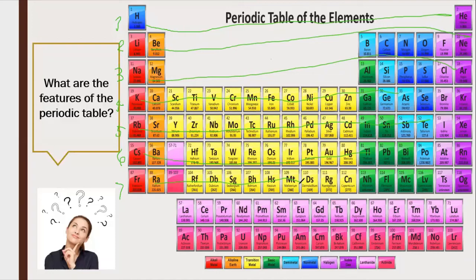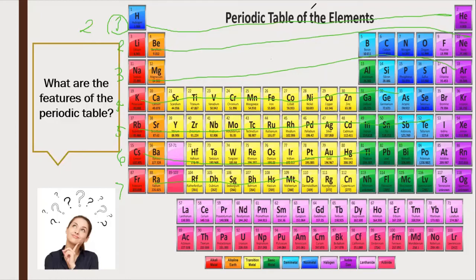Now, tingnan natin ilan yung elements sa bawat period. Okay, so I'm going to ask you the first question. How many elements do we have on the first period or period number 1? Ilan? Two. Okay, very good. So 2, so we have hydrogen and helium.